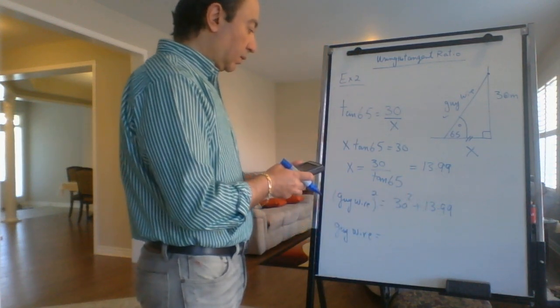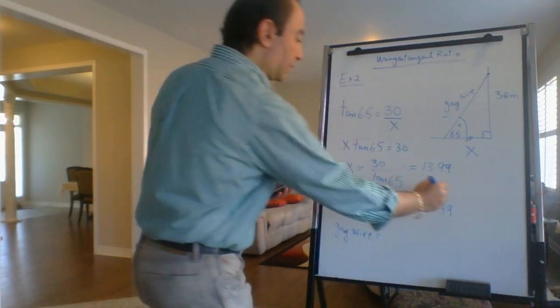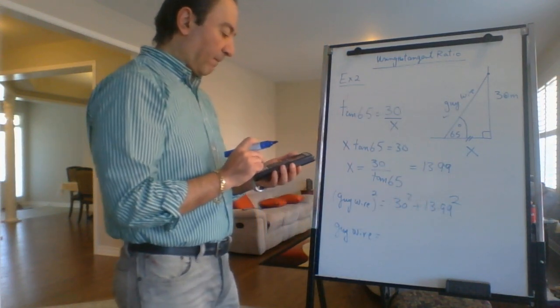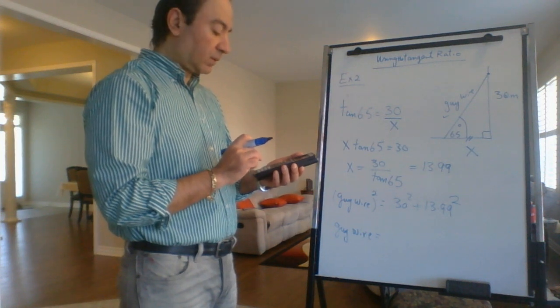This is squared because of the Pythagorean theorem, and this is the hypotenuse.